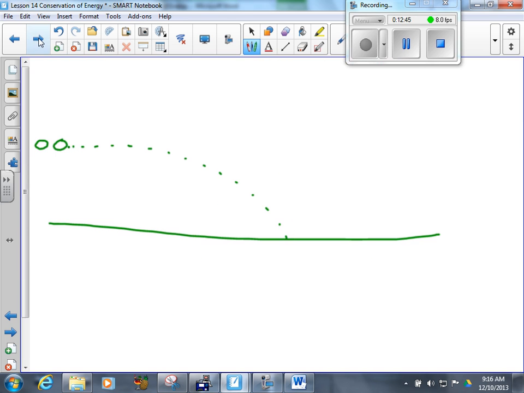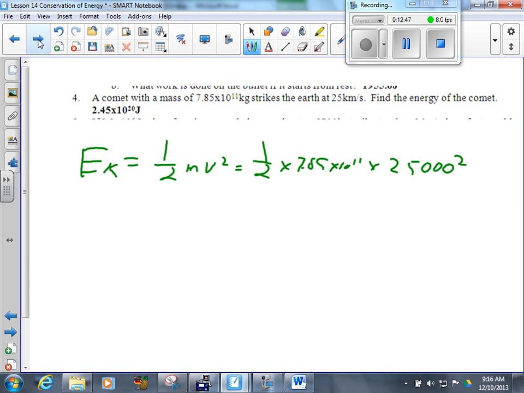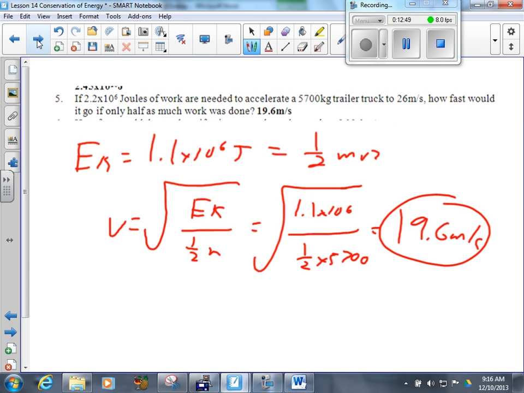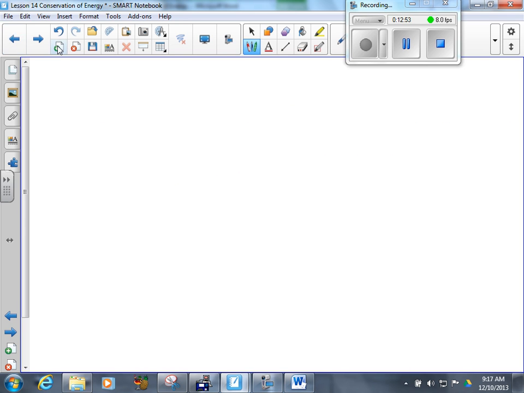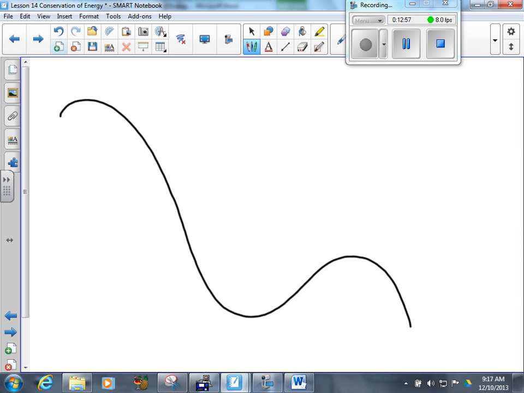Now I'm going to move on to a different type of question. Here is your typical law of conservation of energy question. I have a roller coaster.